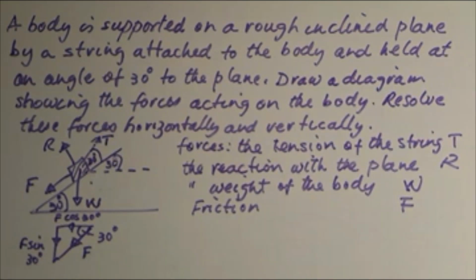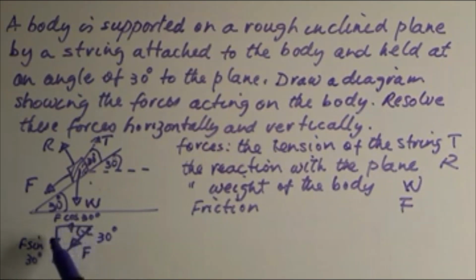Make sure you get the arrows acting in the right direction. You remember this, the frictional force is the resultant of F cosine 30 and F sine 30. So they're acting in this way. The resultant must act opposing these two forces in this triangle.